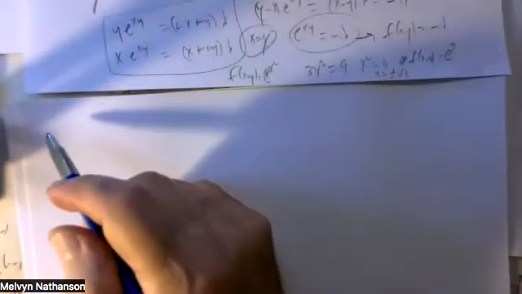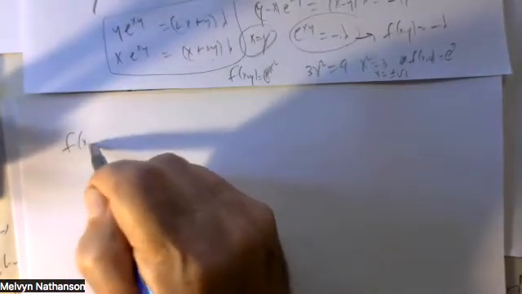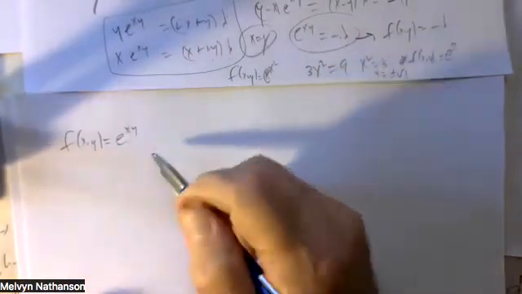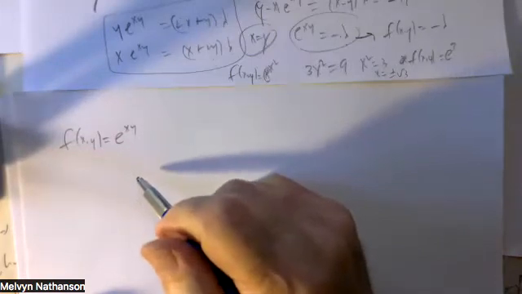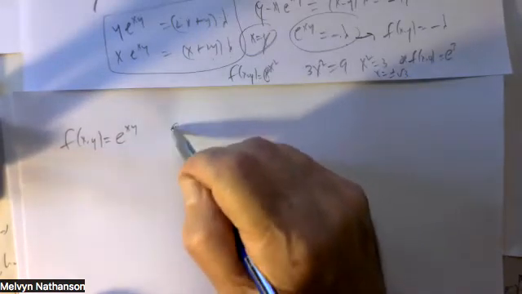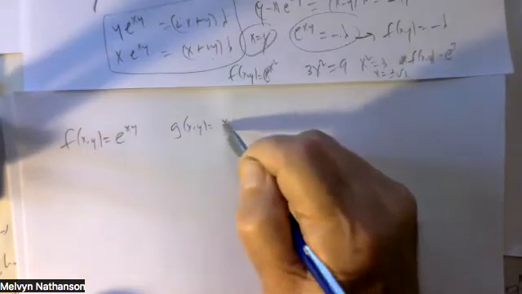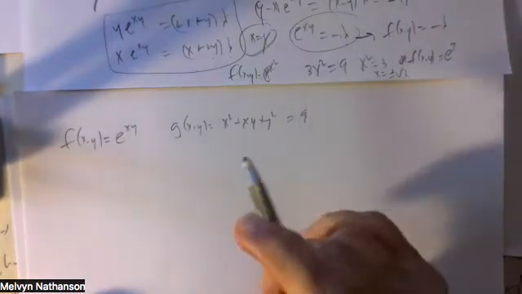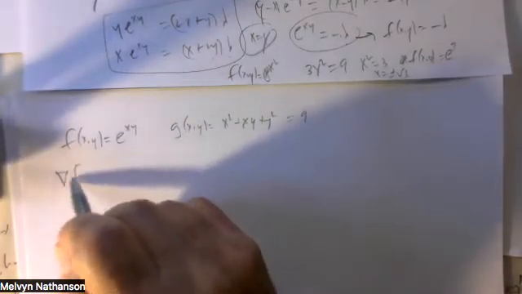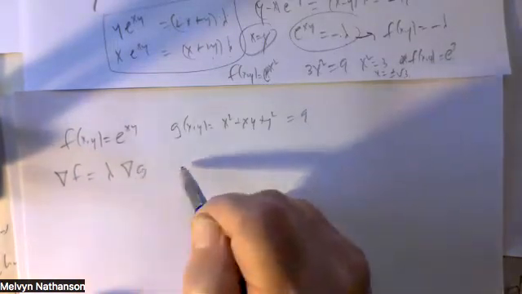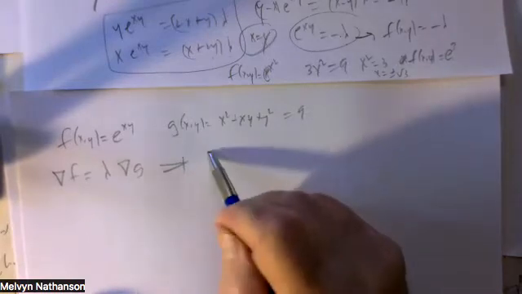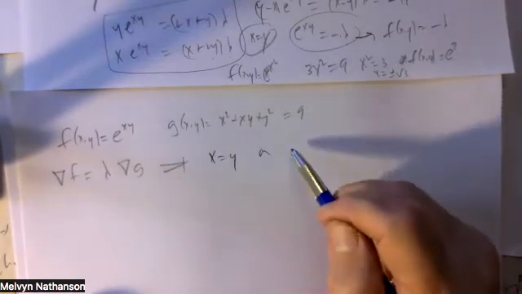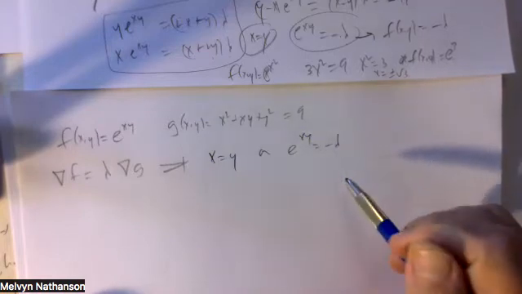I can't squeeze it all into this one page, so let me just start again and make it a little bit neater. I have the function f of x, y equals e to the xy, and we want to find the local extreme values subject to the constraint that g of x, y, which is x squared plus xy plus y squared, is identically equal to 9. So when we solve gradient of f equals lambda times the gradient of g, what we get is that either x equals y or e to the xy is minus lambda.